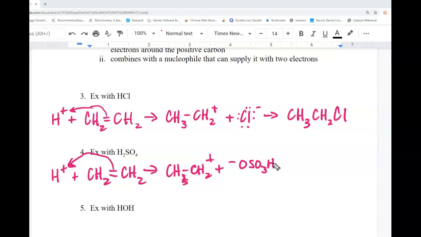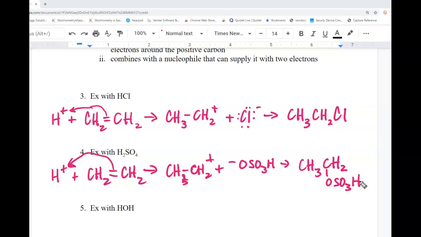It is written funny because of the position of the negative charge on the H2SO4. So what we end up with is CH3CH2, and what is bonded to that carbon is the OSO3H.